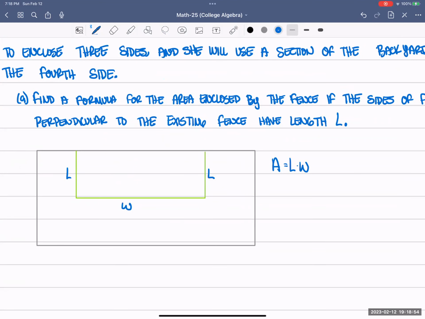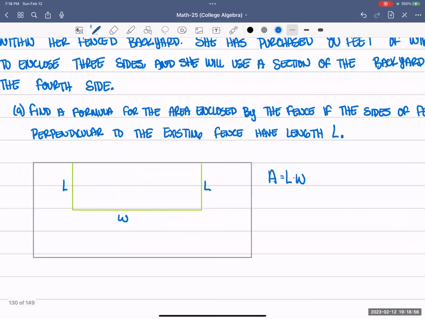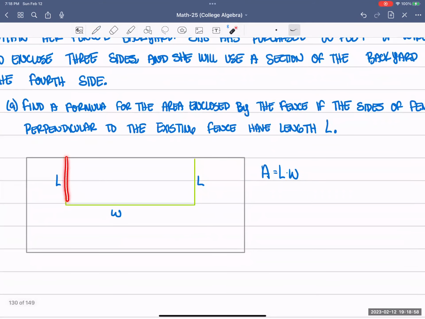She has 80 feet of fencing already. So we know that this is going to be part of the fence, that's going to be part of the fence, and that's going to be part of the fence. So we know that the perimeter is going to be L plus W plus L, and we know that we have 80 feet to work with.